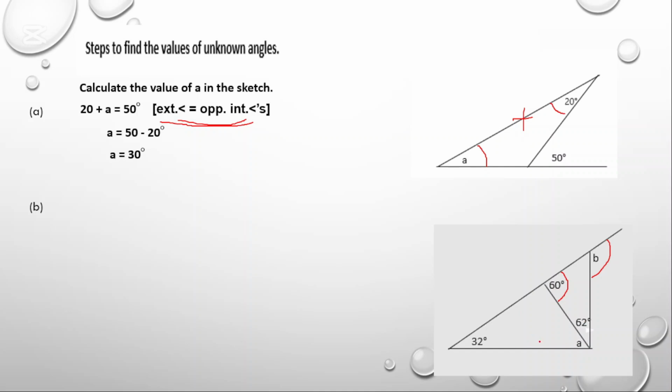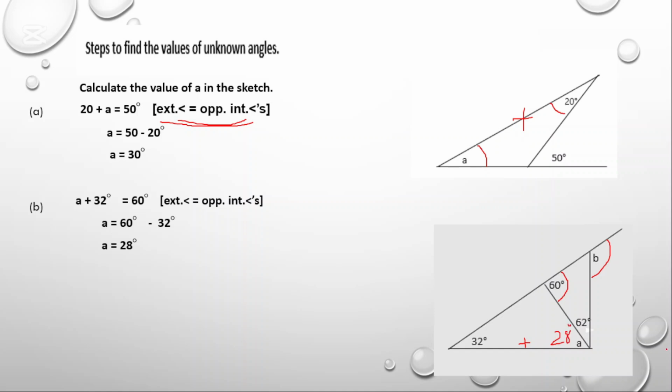So we'll start. A plus 32 is equal to that 60. Reason: exterior angle is equal to the sum of the opposite interior angles. So A is equal to 60 minus 32 degrees, and A is equal to 28. So I'll write in the 28 here. Alright, that's 28 degrees.